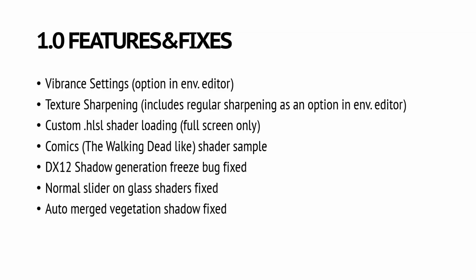Basically, auto merged in vegetation means that the vegetation is physically influenced by the wind, by the player, and by other objects that have collisions. So basically 3D models, geometry, buildings, whatever.